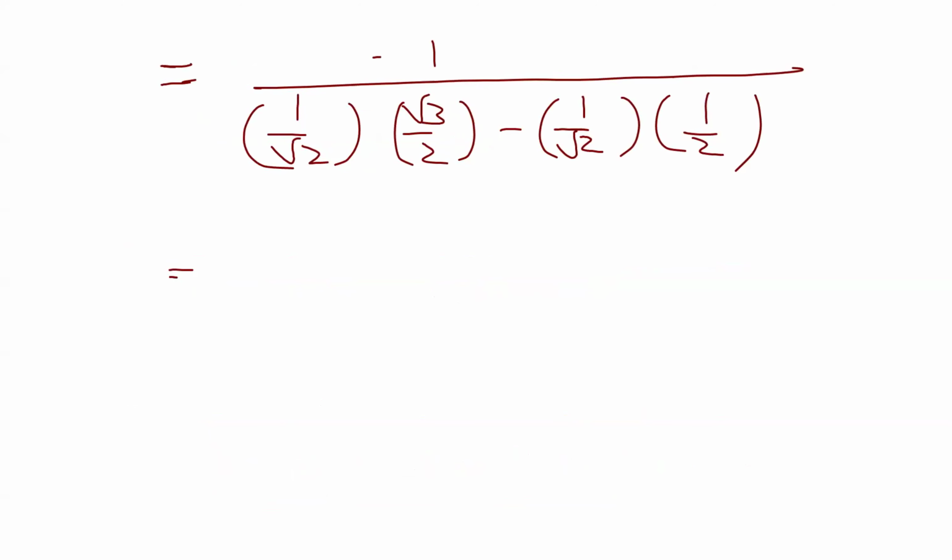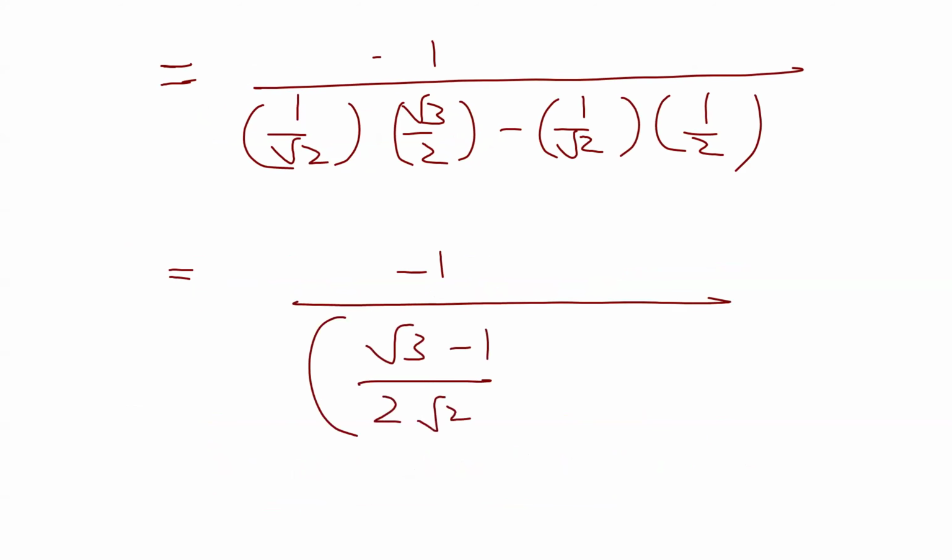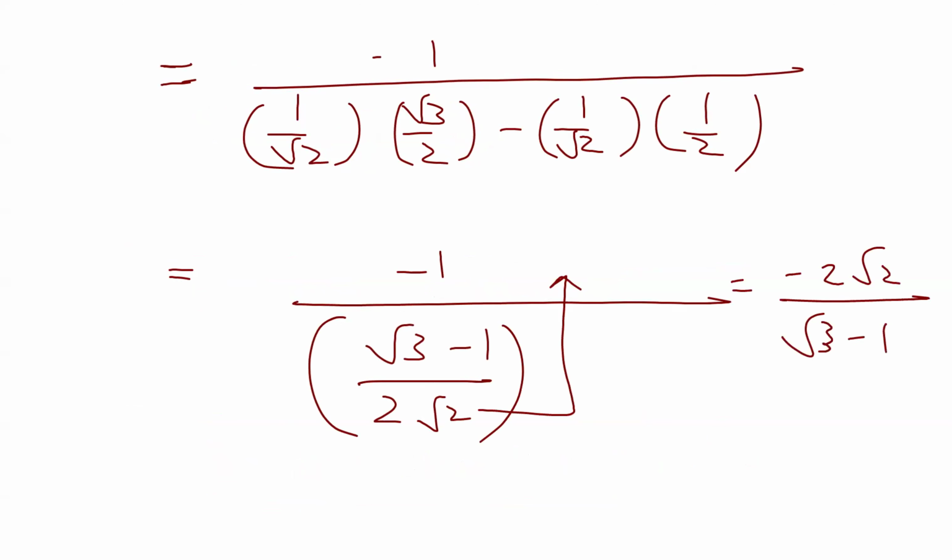So this is minus 1 upon root 3 minus 1 upon 2 root 2. Now this 2 root 2 will go up. So this will be minus 2 root 2 upon root 3 minus 1. Now you can rationalize numerator or denominator or both. That depends on your school teacher.